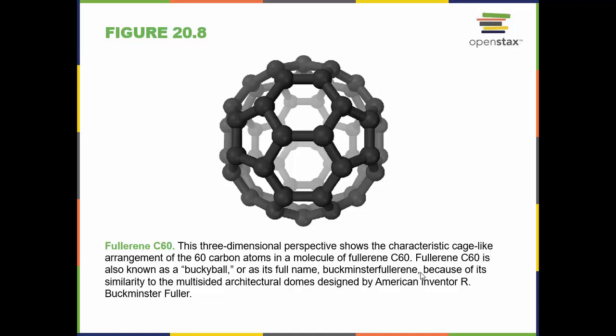It shows the characteristic cage arrangement of 60 carbon atoms in a molecule of fullerene, C60. This is known as a buckyball, and its full name is Buckminsterfullerene, because of its similarity to the multi-sided architectural domes designed by the American inventor R. Buckminster Fuller.